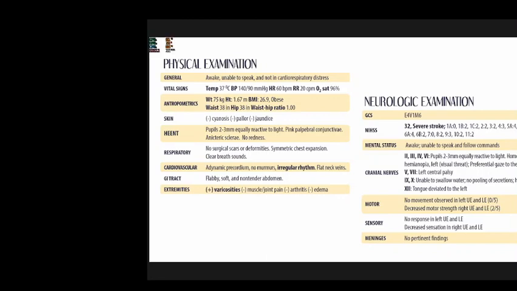Mannitol comes in 20 grams per 100 ml solution. So how will you give it? 75 kilos times 0.5 is 37.5 milligrams. So how will you give 37.5 milligrams of mannitol?